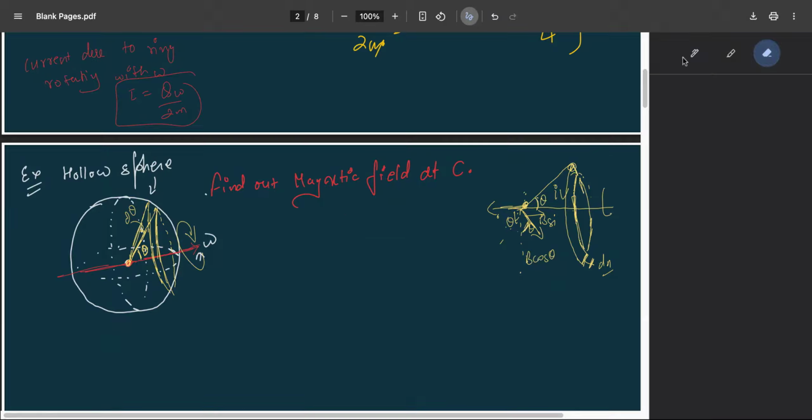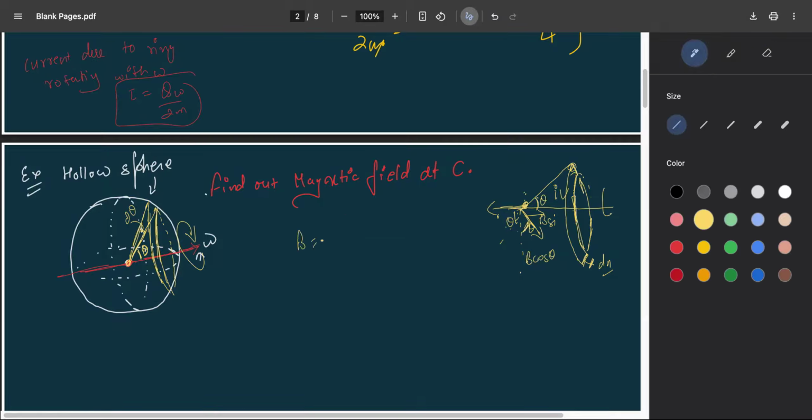The value was B is equals to mu naught n I r squared divided by 2 times of x squared plus r squared. This was the magnitude we used to get. This is the magnetic field value due to a ring at some distance x, right?